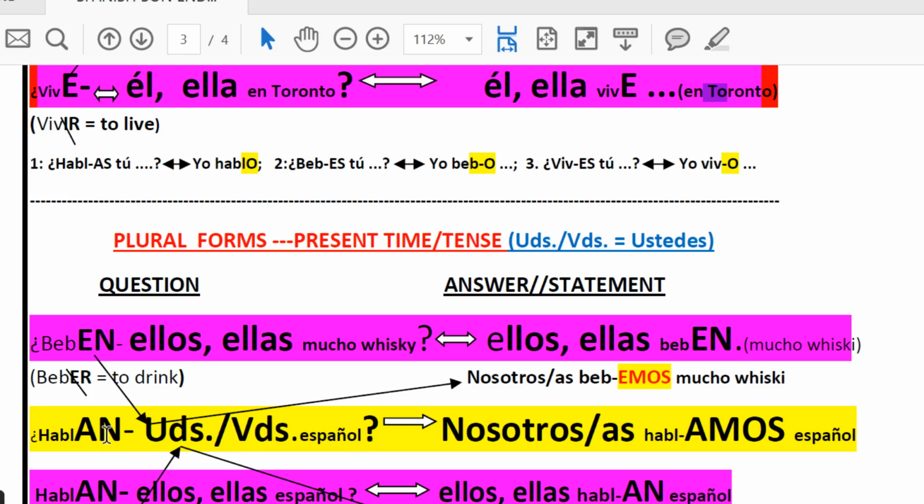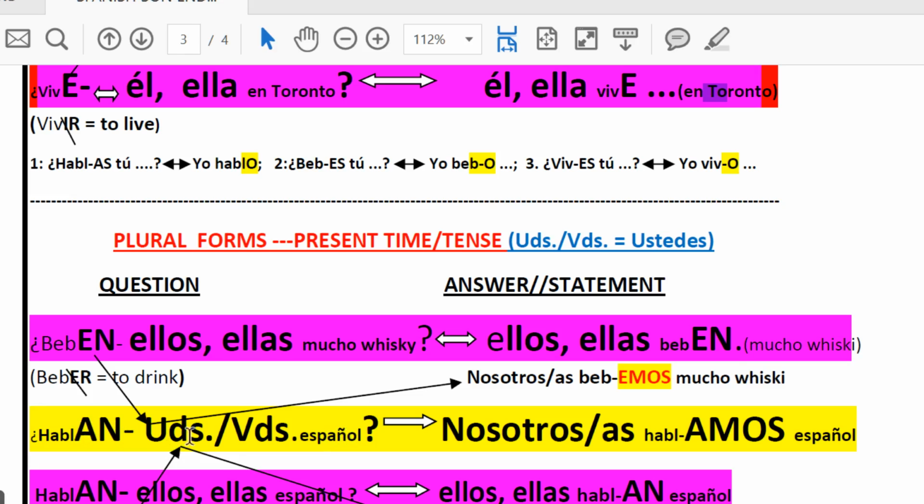To make any verb sound plural, in the present time and other tenses too, in the Spanish language, all you do is add an N to the usted singular. Hablan ustedes español. Do you and you speak Spanish?